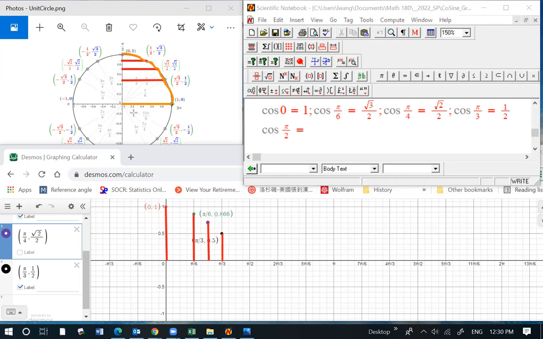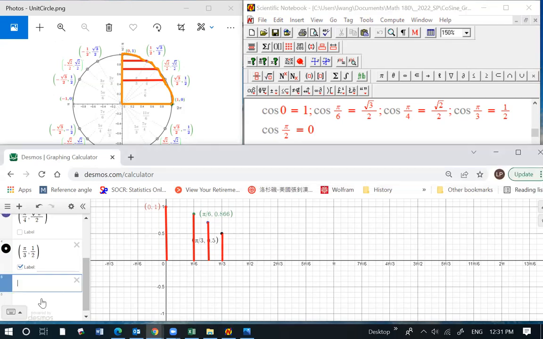We measure from standard position counterclockwise pi over 2. And this point (0, 1) is on the terminal side of the angle other than the origin. So we pick this point (0, 1) on the terminal side, and the red number is the cosine. So cosine pi over 2 is 0. So suppose that we ended up there last time.